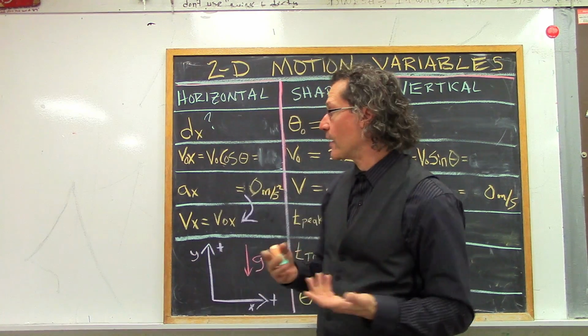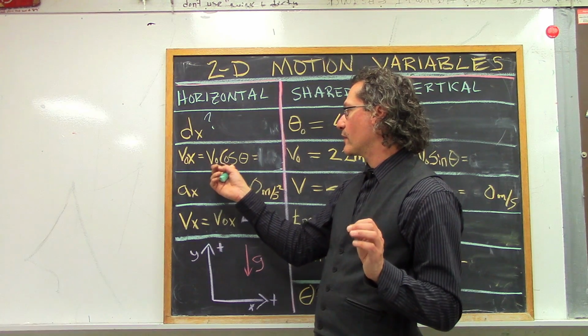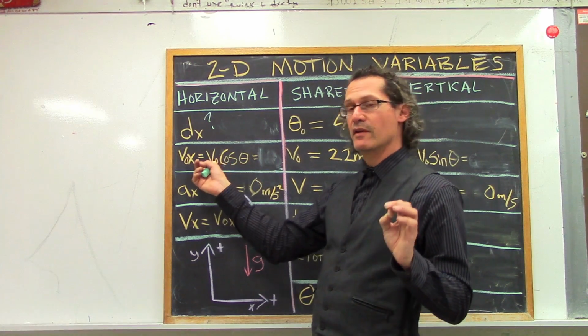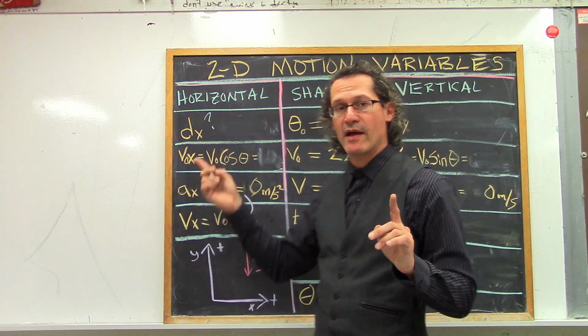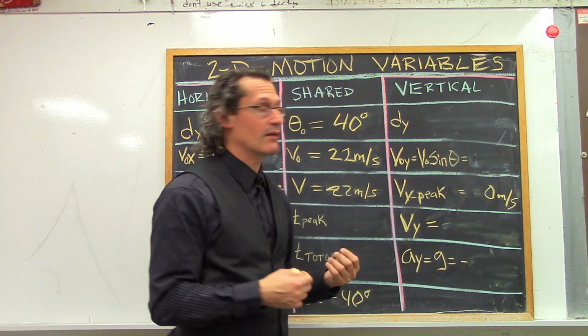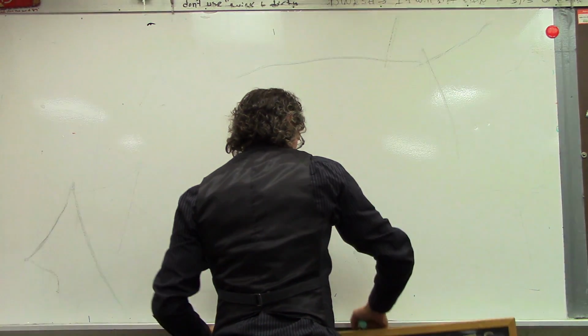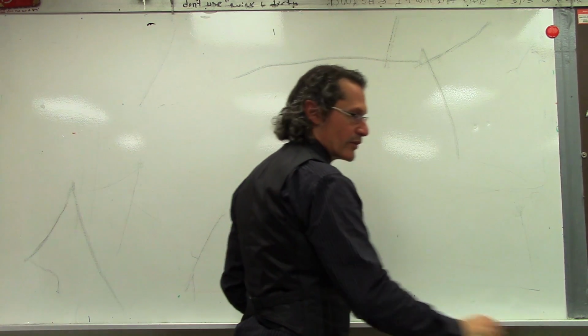Okay, based on that triangle, and I'll draw the triangle out. We have the cosine of the angle related to the horizontal side, and we have the sine of the angle related to the vertical side. Let's draw that out before we return this and work out with the values.